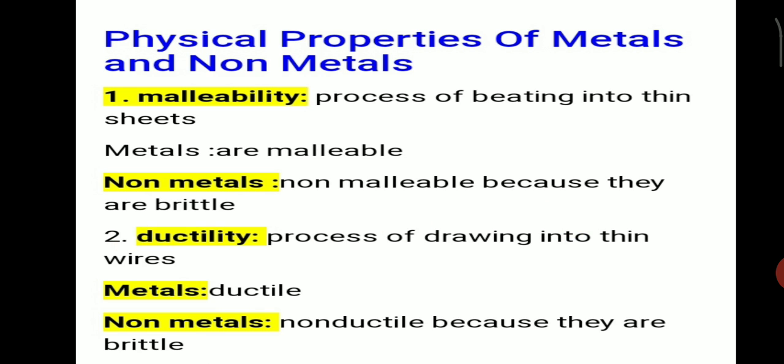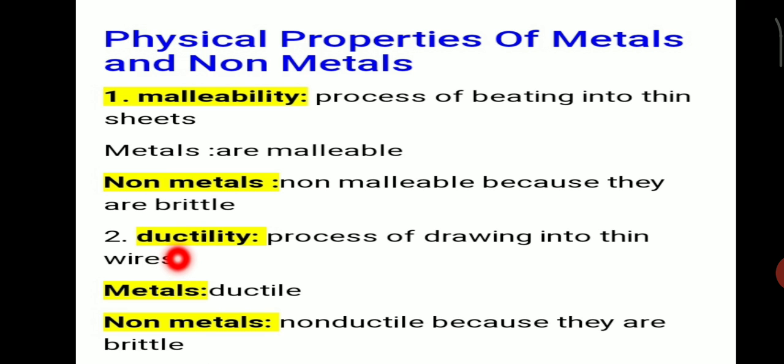Brittle means they break easily. So metals are malleable, they can be beaten into thin sheets with a hammer, and non-metals are not malleable, they will break if you beat them. So metals are malleable, non-metals are brittle in nature.